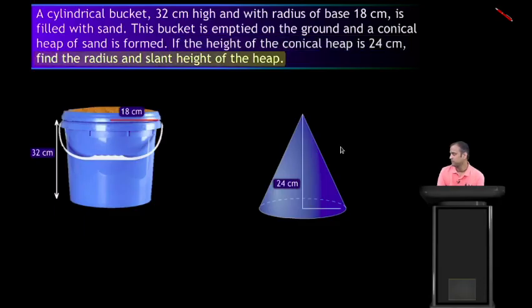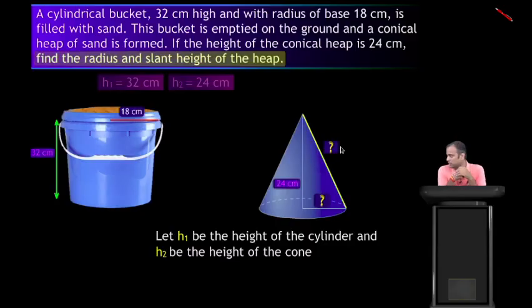Again we will use the same theory, that the volume of the cylinder is equal to the volume of the cone. Here we have to find the radius, and again the slant height of the heap.